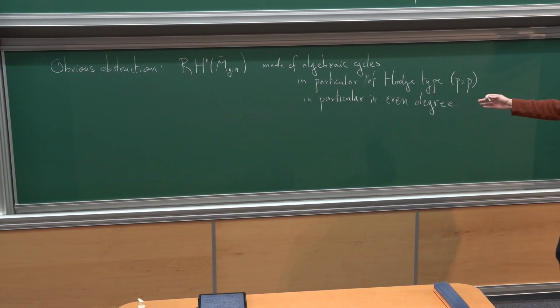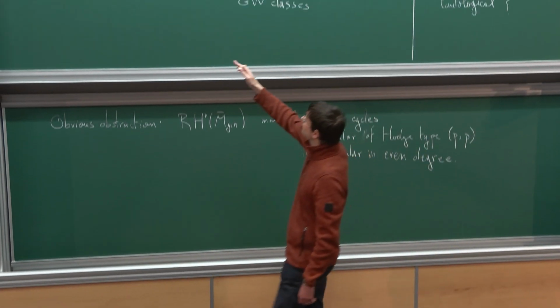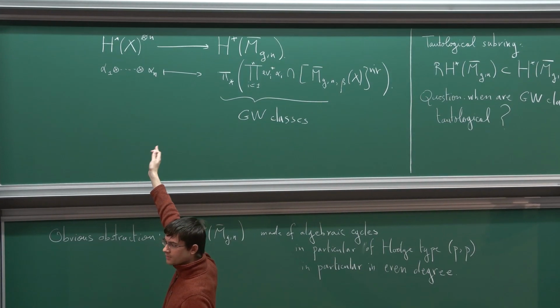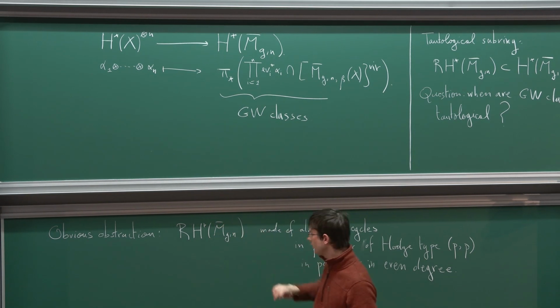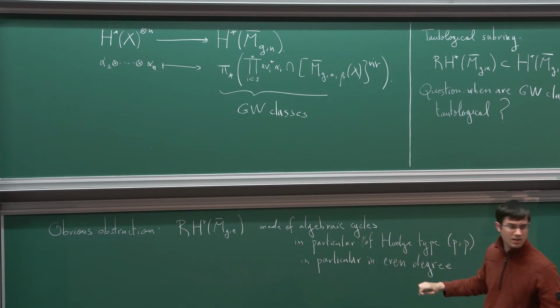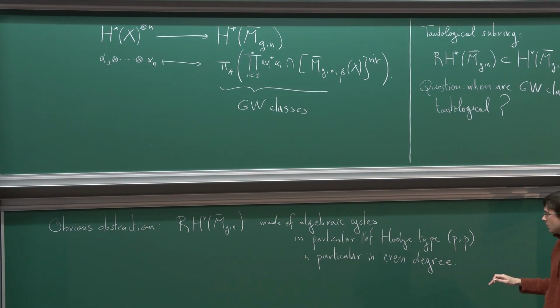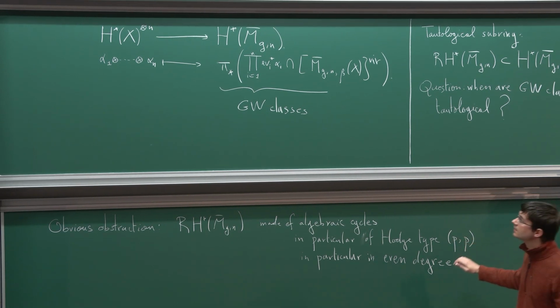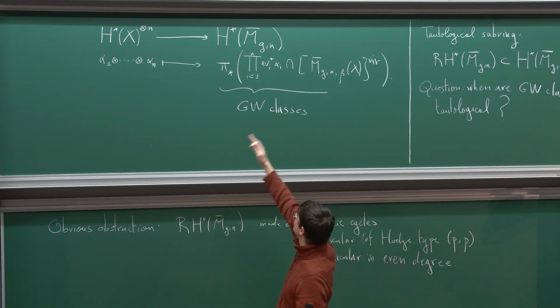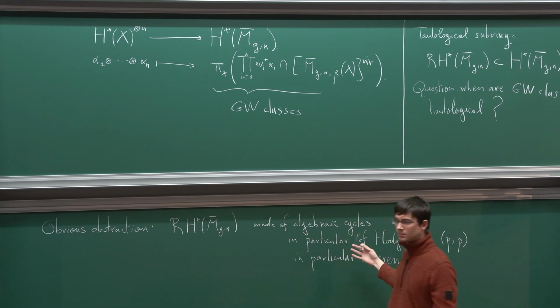And why is it an obvious obstruction? Because the classes we start with here, the cohomology classes on X, if X has some interesting odd degree cohomology, or if it has interesting cohomology which is not of Hodge type (p,p), then there is no general reason why these Gromov-Witten classes should be of this form.